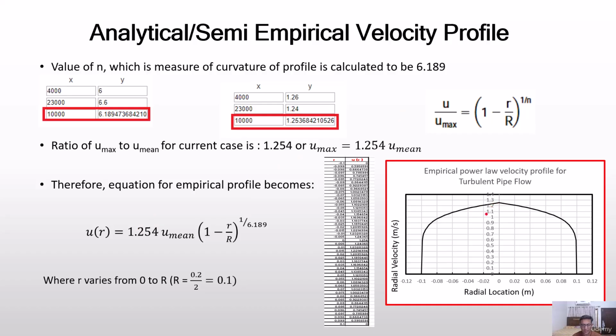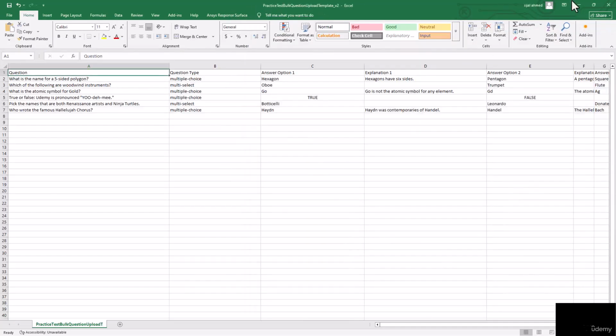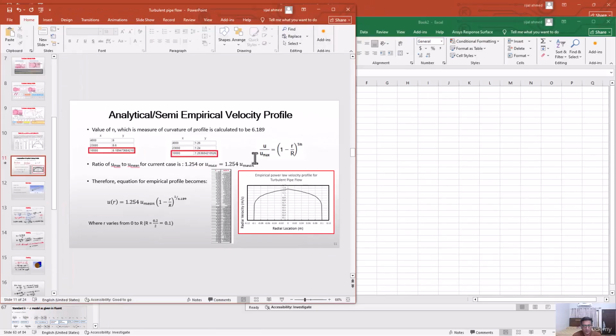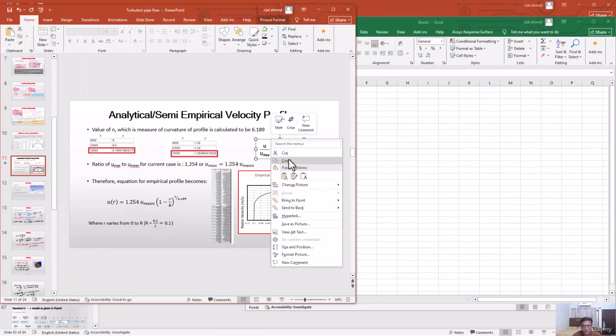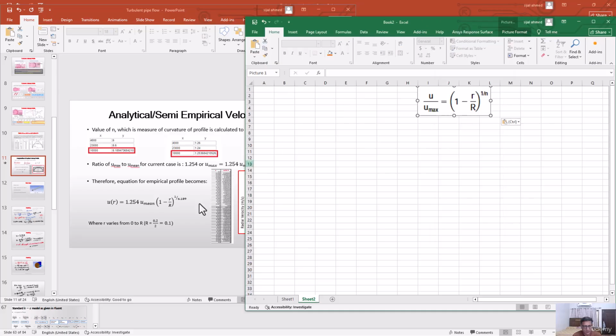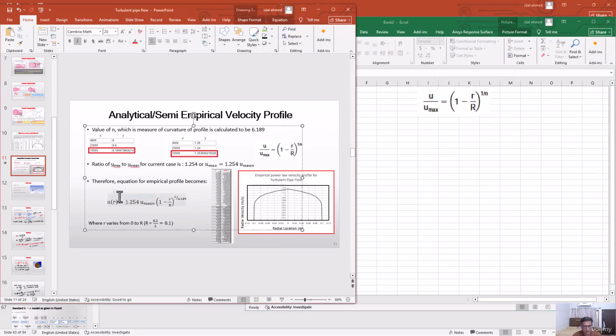Okay, and let me show you what I did in Excel. Here is the equation.